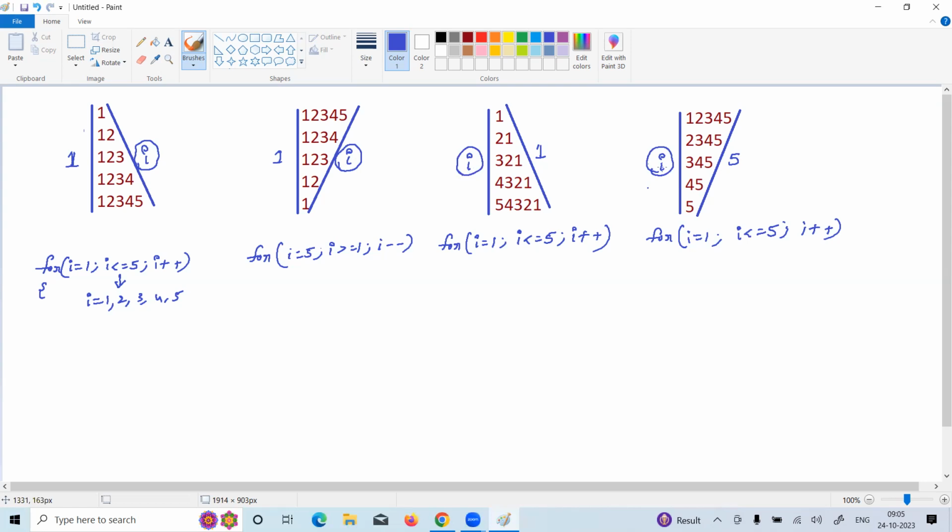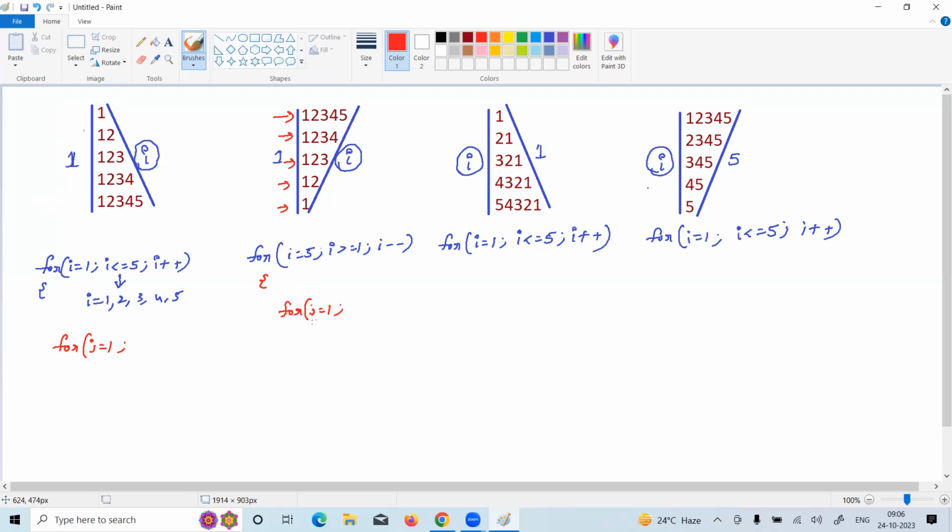Now you need to think about the inner loop. The inner loop, that is J, is always for printing. Now you need to concentrate on every row starting with 1. So J value starting with 1. Here every row starting with 1, so here also J value starting with 1.